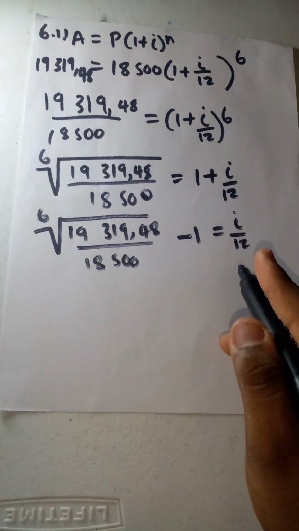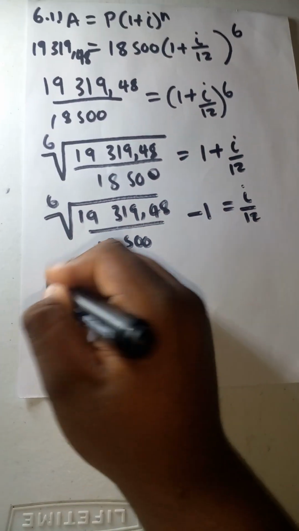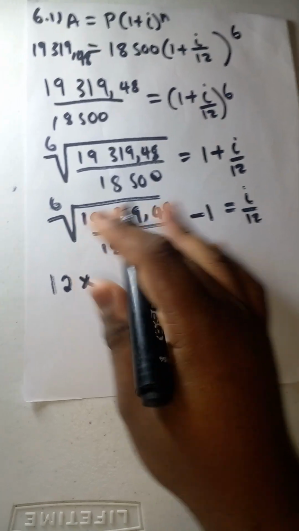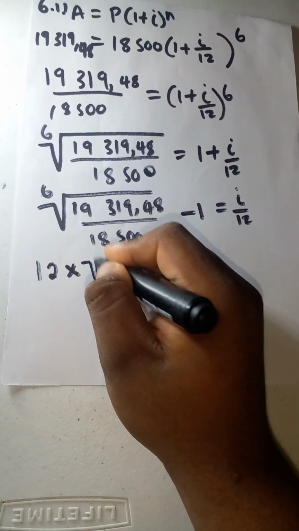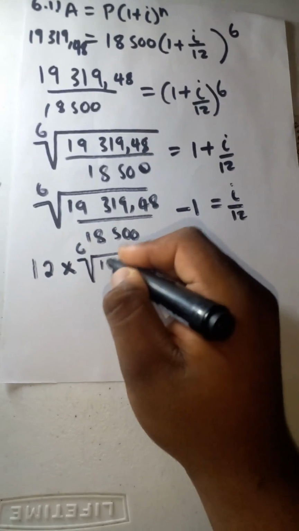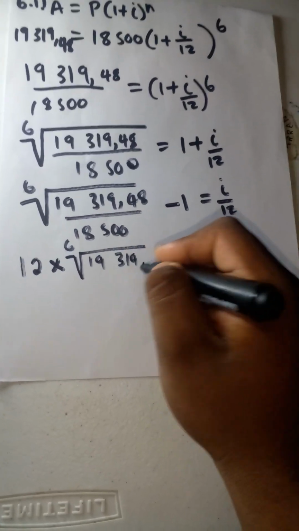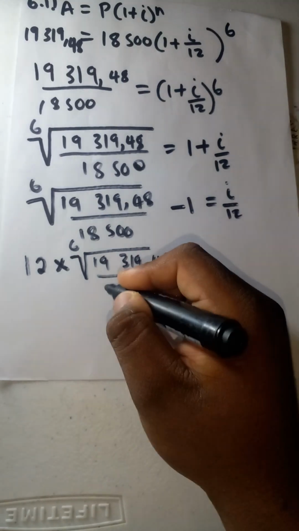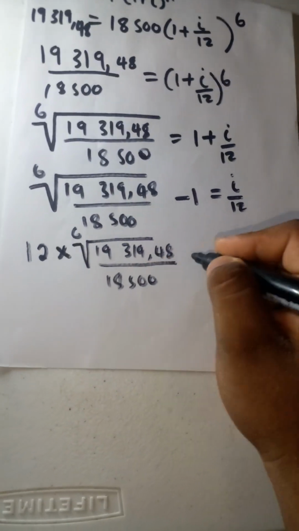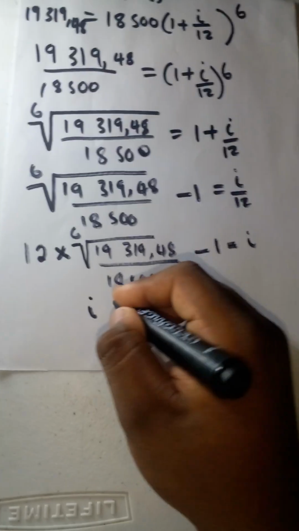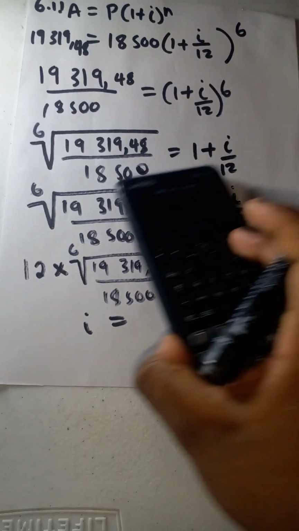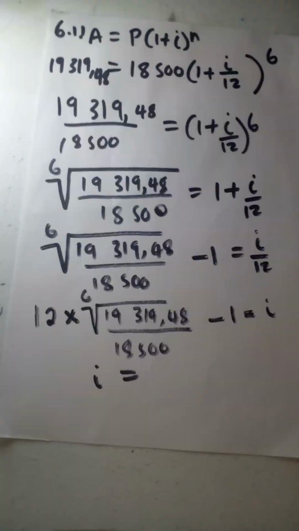Since we have the denominator 12, we are going to multiply everything by 12. So it is going to be 12 times the 6th root of 19,319.48 over 18,500 minus 1, which is equal to i. So let me write my i here. i is equal to, let me take my calculator and punch.